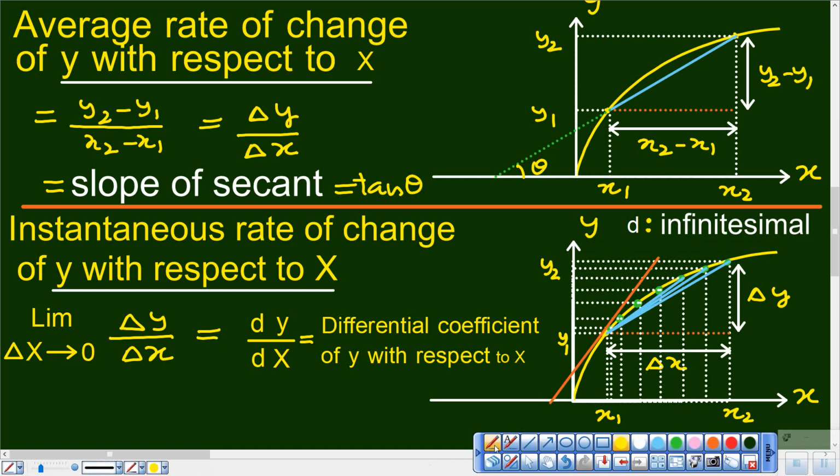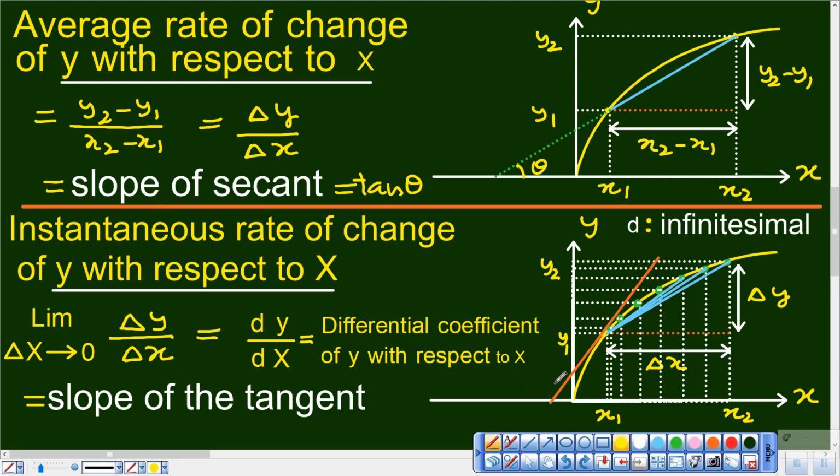So we get to see that from the slope of the secant in the case of average rate of change, in the instantaneous rate of change it has become the slope of the tangent. From slope of the secant, it becomes slope of the tangent.